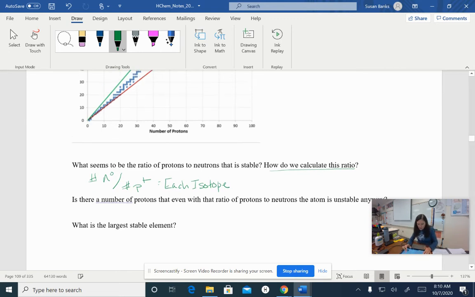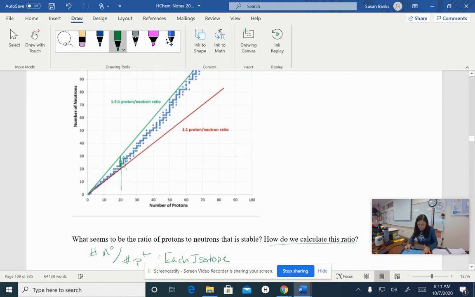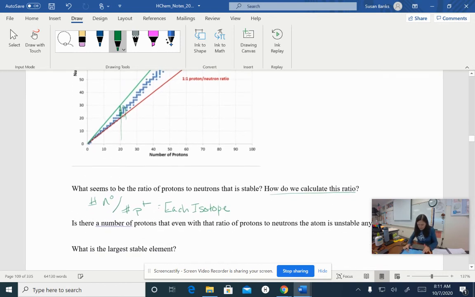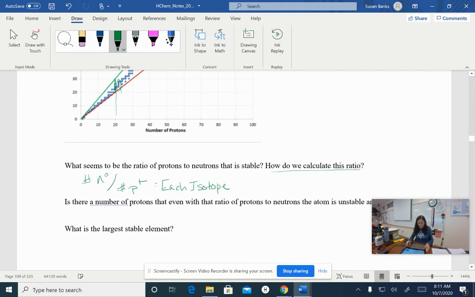Now notice on this, even though we have the same number of protons, we have lots of different isotopes going on. So we do that for each and every isotope of each element. And we do that for ones that are stable, and that's where we get this band of stability here. We don't count the ones that are radioactive and decaying. We only do it for the stable ones.